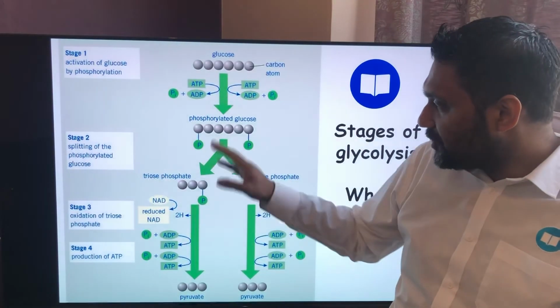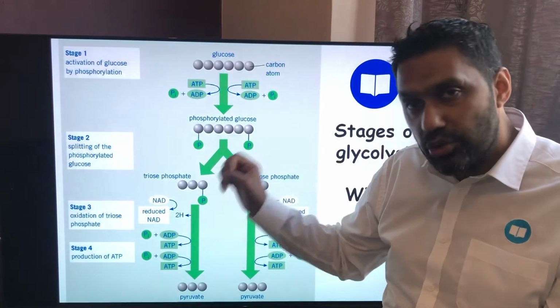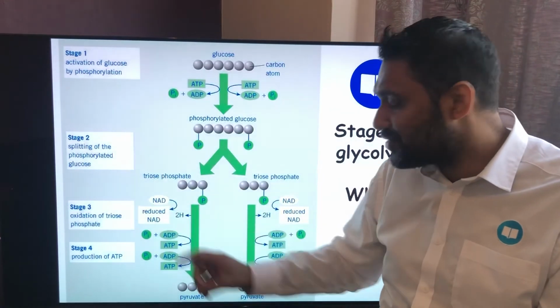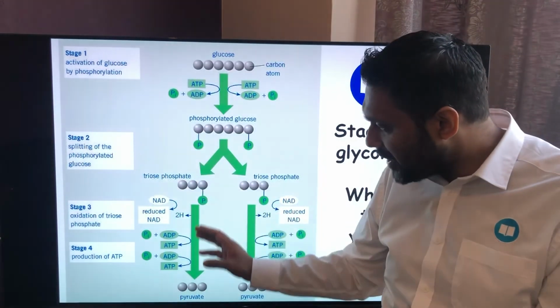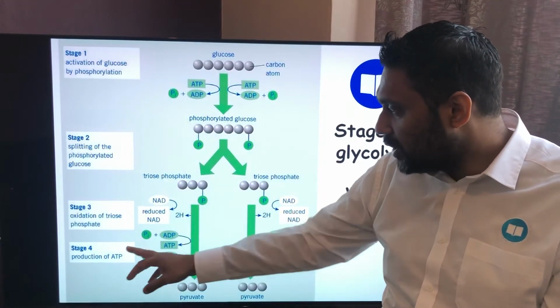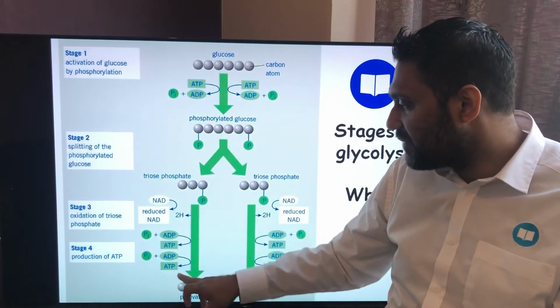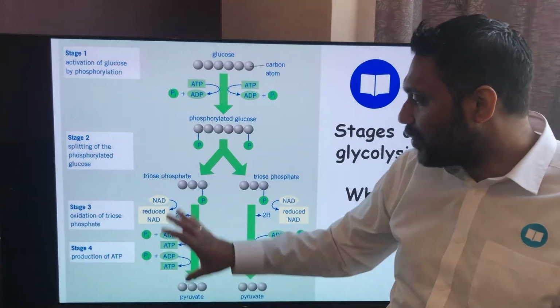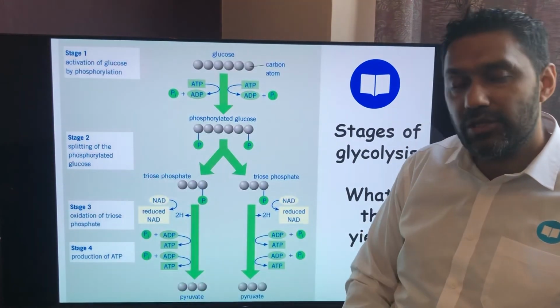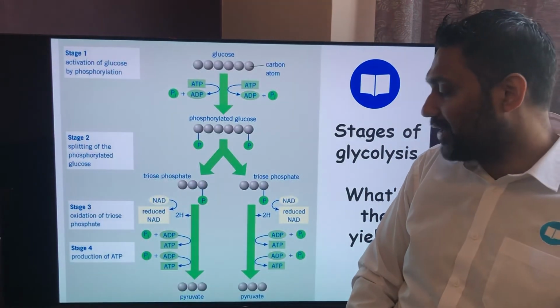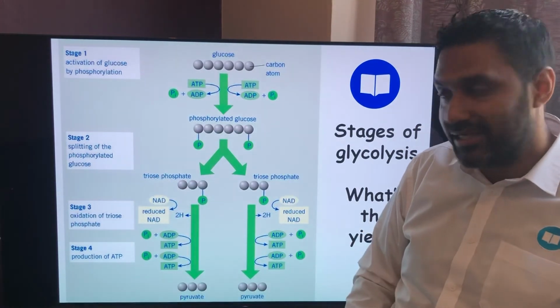So, triose phosphate loses 2 hydrogen atoms, reduces NAD, and this change also produces ATP. Each triose phosphate will give me 2 ATPs, and once it's done that, you end up with a compound called pyruvate. And that's the really important thing I need at the end of this stage.